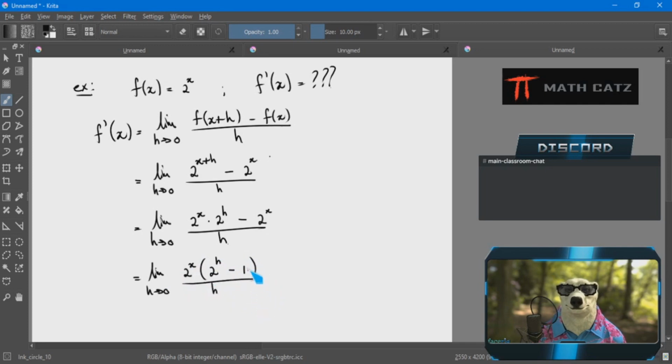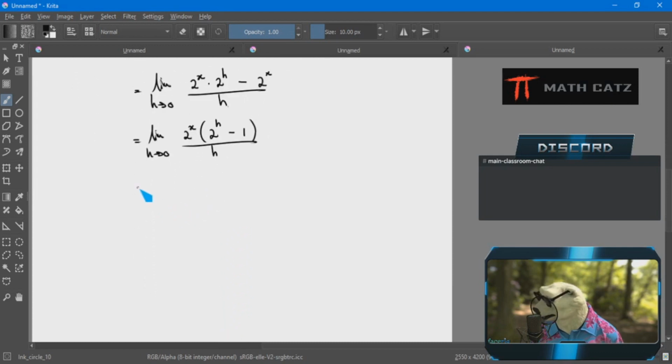Now there are some limit properties here that I didn't explicitly discuss because, in my opinion, we never need them. So why make a thing of something that I don't need? And I have mentioned this before, that if in the limit I have something that doesn't depend on the limit variable, which is h in this case, it's sort of like the constant times a function property.